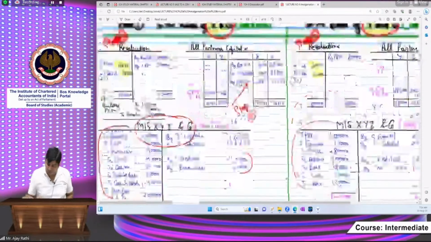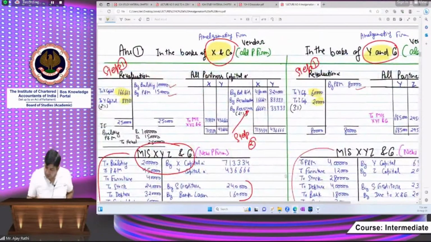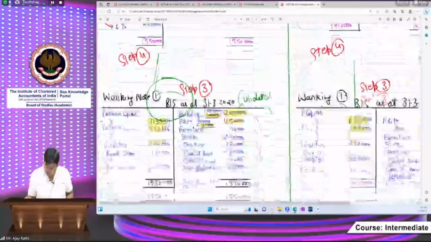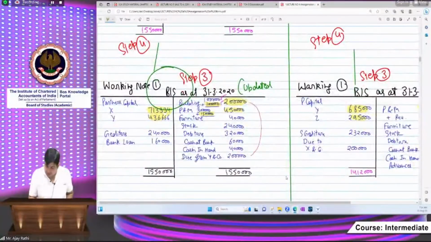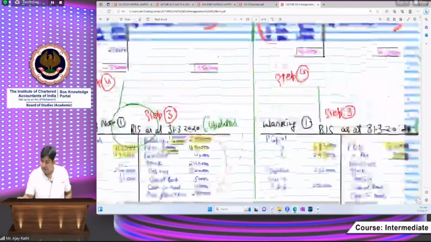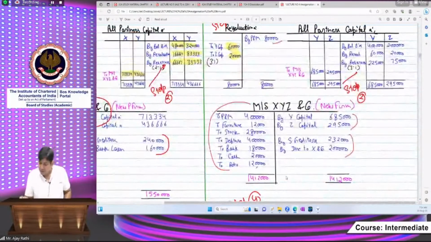Beta, see here what we do. Here capital accounts are there, in which we have distributed the reserve and surplus, revaluation profit and loss, and also the reserve and surplus. So we have such updated capital here in this way. Same is the case with Y and company, where you have prepared a partner's capital.